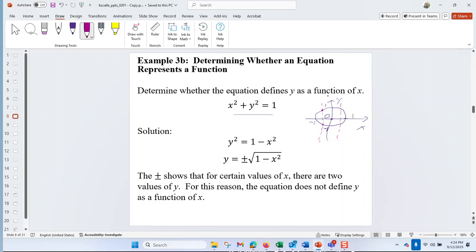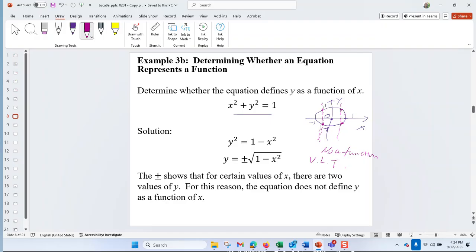Look at it. If I draw a vertical line here, I pass 1 point below and 1 point up here. If I draw a vertical line in here, I have 1 point right here, and I cross another point right here. So for 1x value, you have 2y's. Okay, so this is not a function, all right, because it didn't pass the vertical line test.